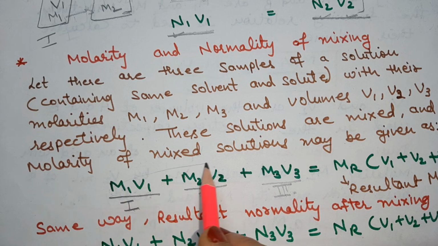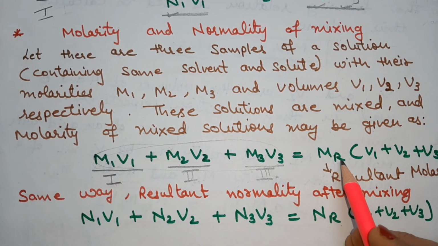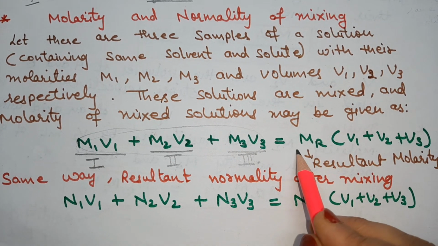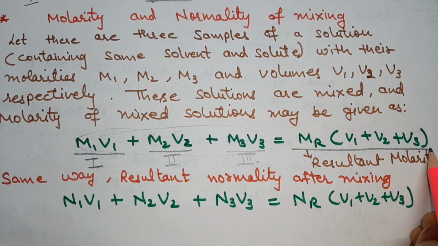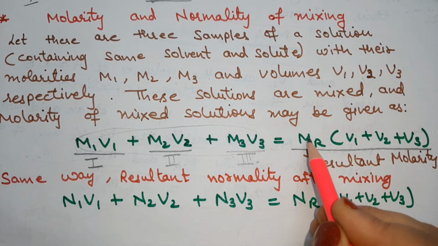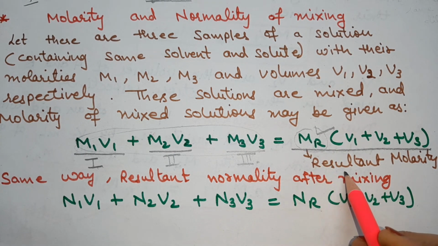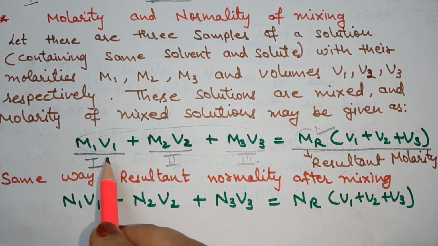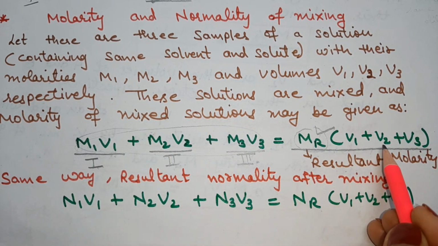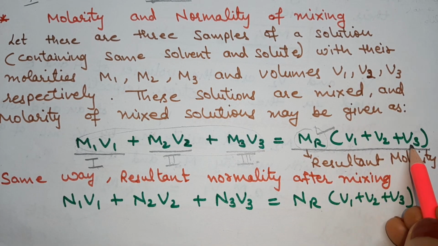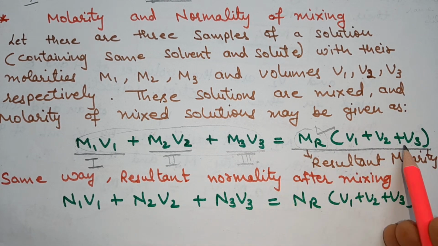Suppose we are now mixing these three solutions together. After mixing, what will be the molarity of the resultant solution? That is taken as MR. This is the molarity of the resultant solution formed by mixing all three solutions, and V1, V2 and V3 are the volumes of the three solutions which we are mixing together.